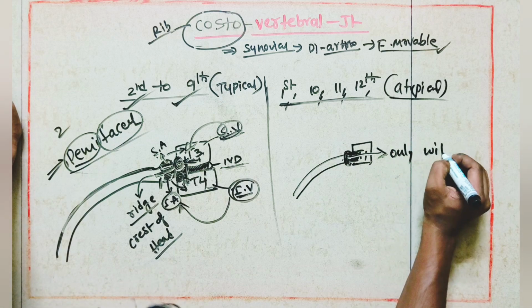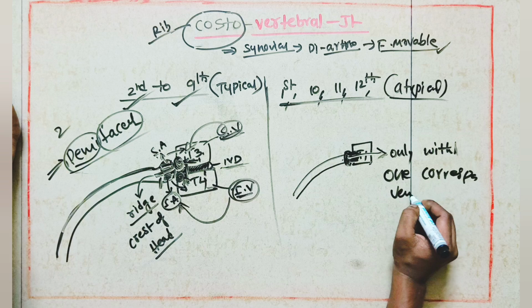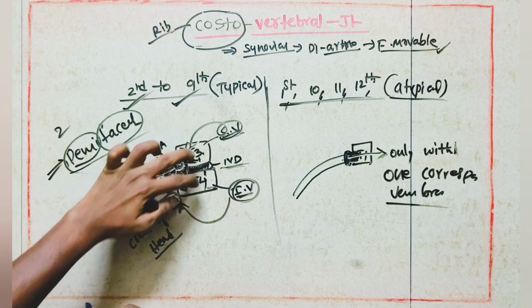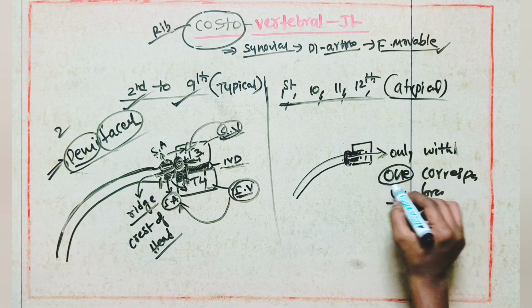That's the only difference. The 2nd to 9th ribs articulate with two adjacent vertebrae. The first, 10th, 11th and 12th ribs articulate with only one vertebra.